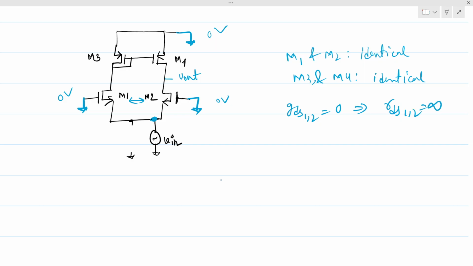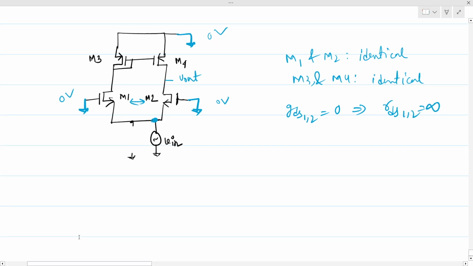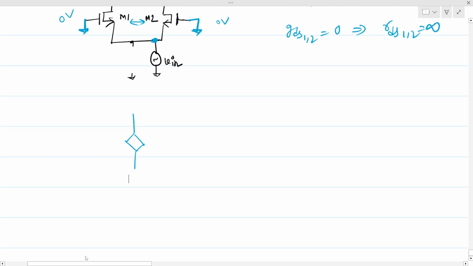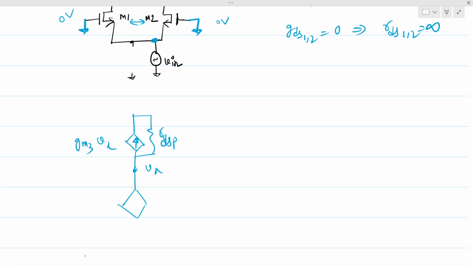Okay, now if I draw the small signal model, it will look like that. So this is a small signal current. This is GM3 Vx, where the Vx node is here, and here we have RDS of P.